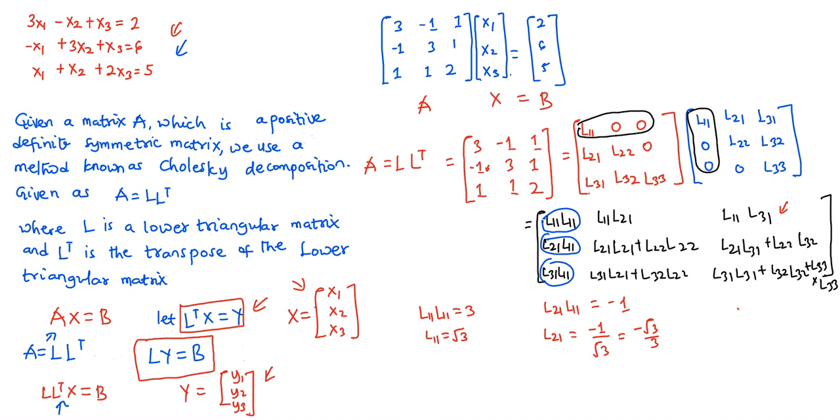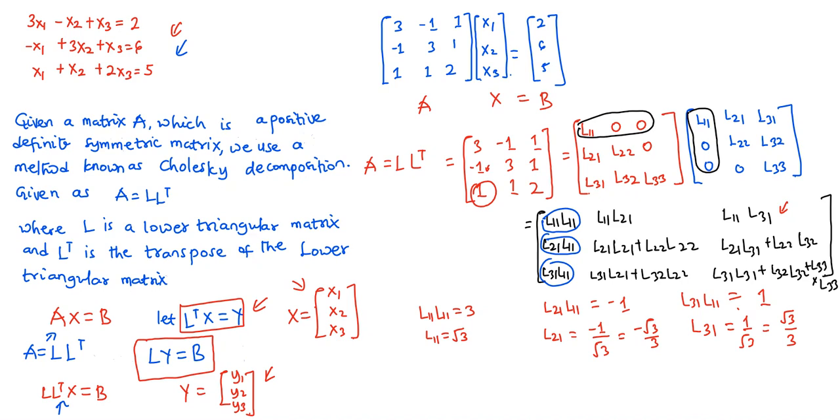So we have L31 multiplying L11, and this should be equal to the one that I have here, which is 1. You know the value of L11 already, so you have to solve for L31. This will be equal to 1 over L11, which is root 3. So I'm going to get this to be root 3 on 3.